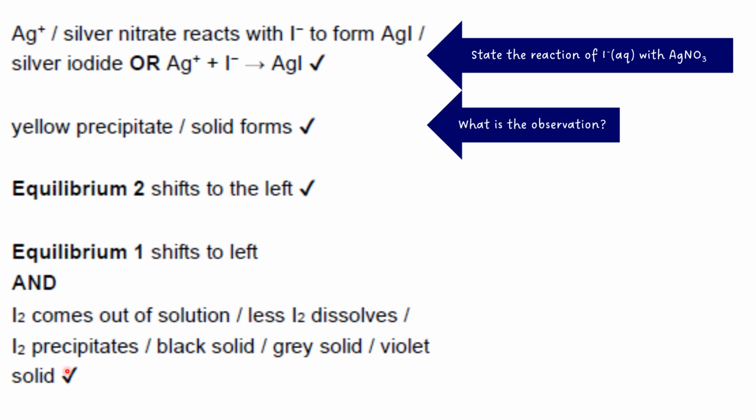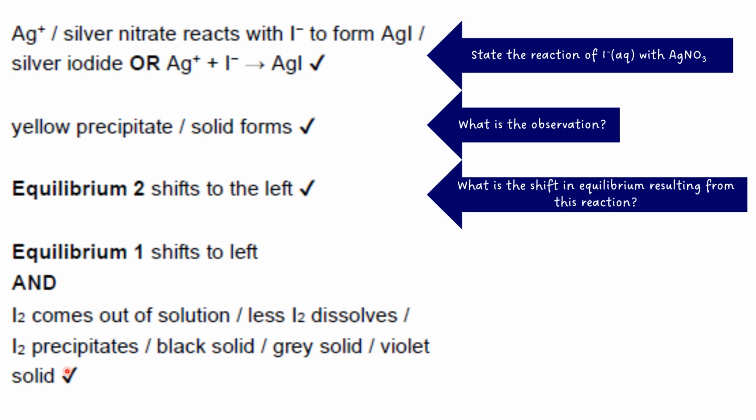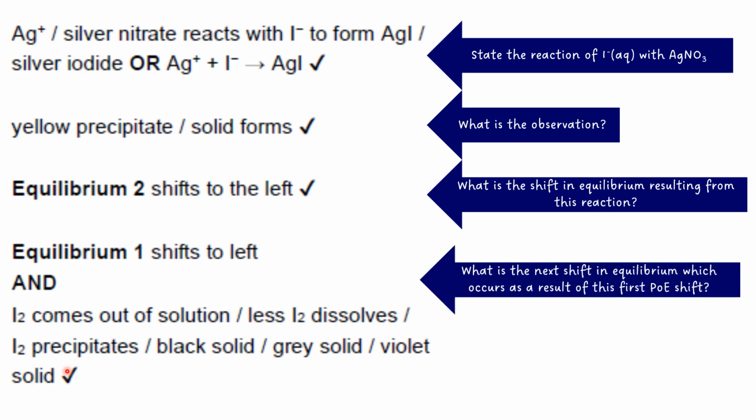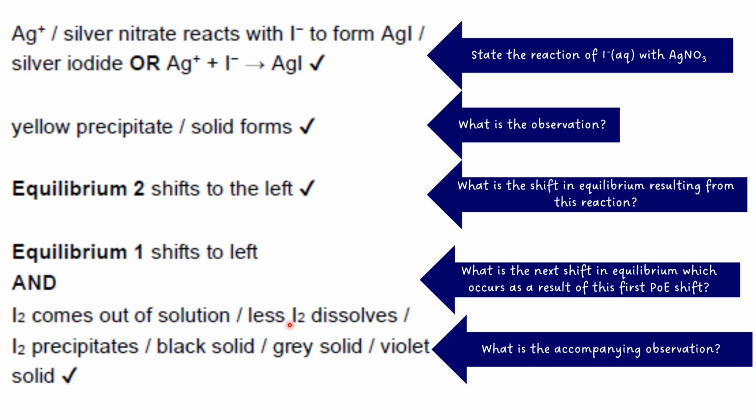That's the observation. So what happens as a result of this? Equilibrium 2 shifts to the left, and as a result of that, equilibrium 1 shifts to the left. And what is the observation that you see as well? You can see that you have to put in the observation, not just the fact it shifts to the left, but also somehow that you've seen what I2, or predicted what you would see when I2 as a solid is made.